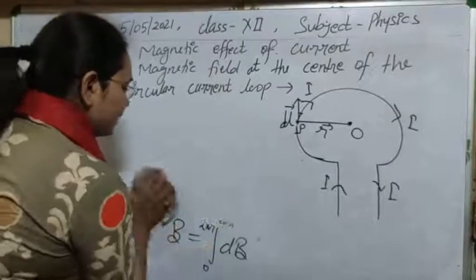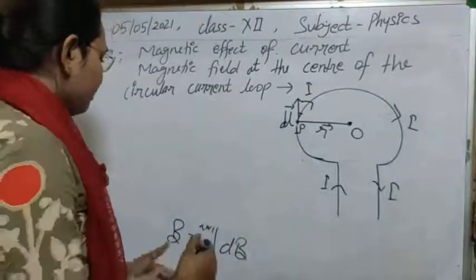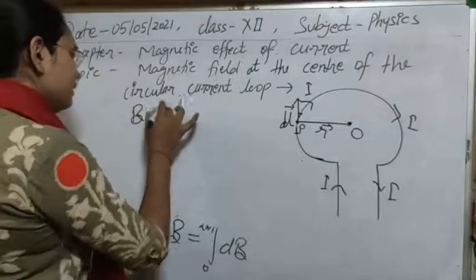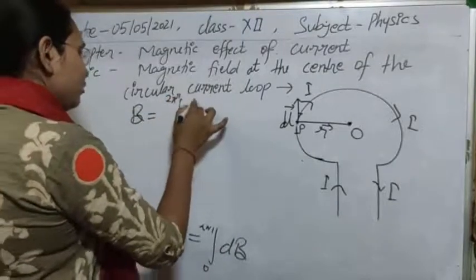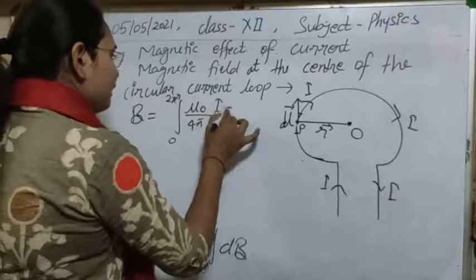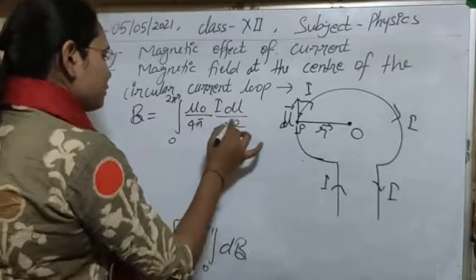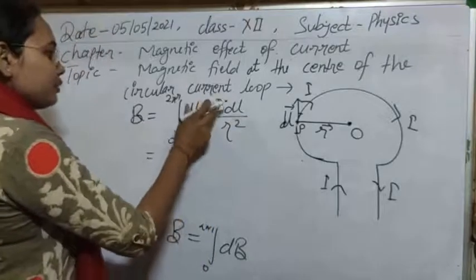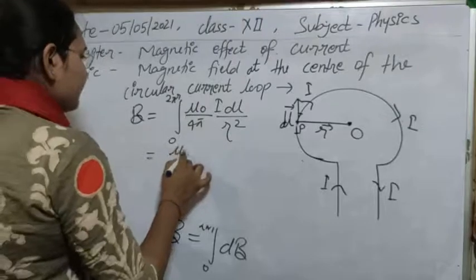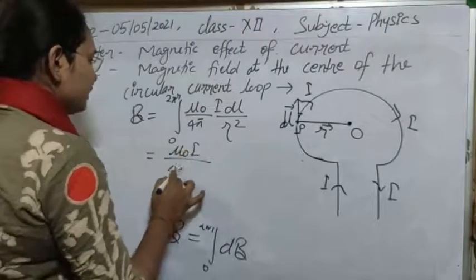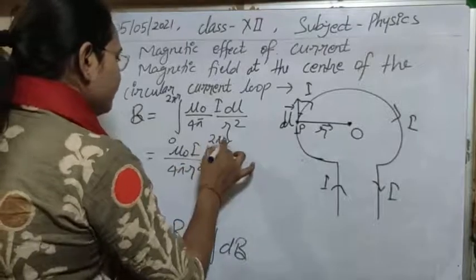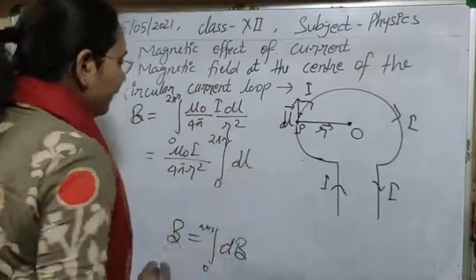So let's solve it. The value of B was mu naught upon 4 pi, I dl upon r square. Here mu 0 I upon 4 pi r square is common, so let's take this outside, and dl is our varying element.